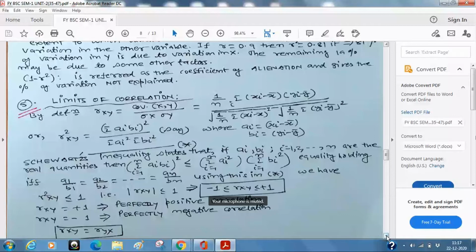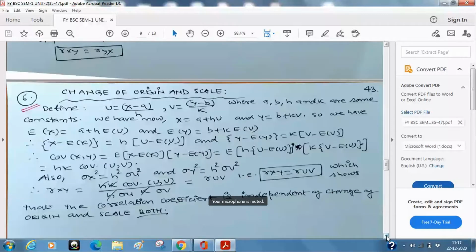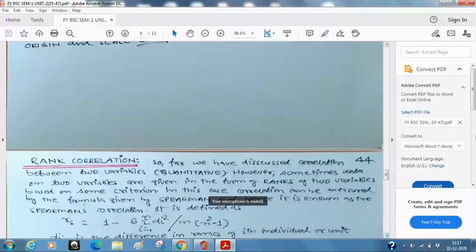Now I am going to talk about what we call rank correlation. What is the need, why is it done, and who proposed it? Again, I will take you back to my first few lectures, where we were discussing the type of data, the nature of the data. There is a broad classification, which I have told you several times, that data can be classified as quantitative data or qualitative data.